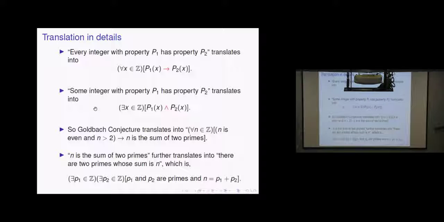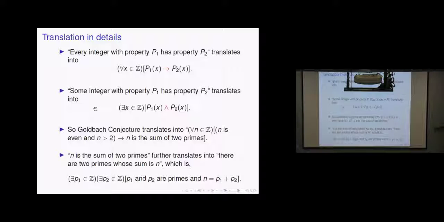Actually, this is a compound statement. It says there are 2 prime numbers whose sum is n. So n is a sum of 2 primes means you can find 2 prime numbers. If you add them up, it gives you n. So it is a form of this: some integers with property P1 have property P2.